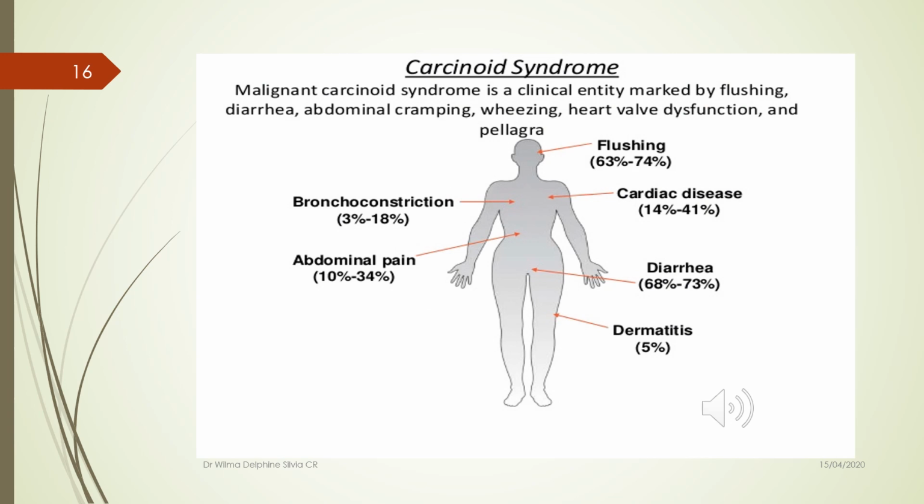The clinical manifestations of carcinoid syndrome are flushing, abdominal cramps, bronchoconstriction, fluctuating hypertension, sweating, and pellagra-like symptoms.